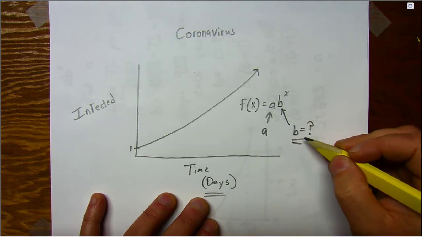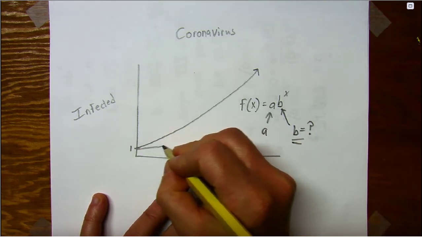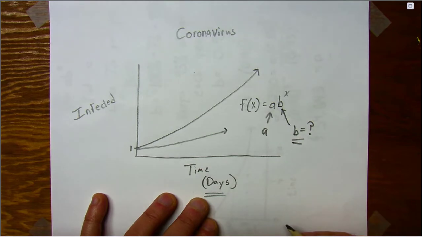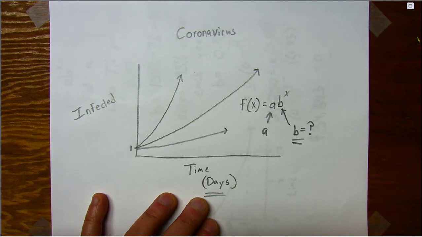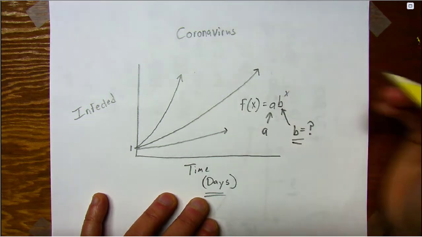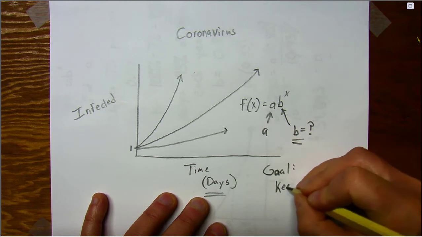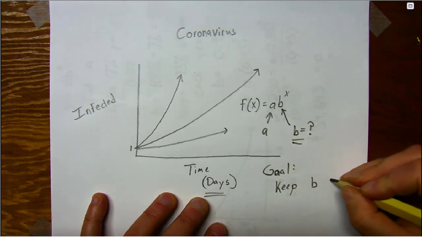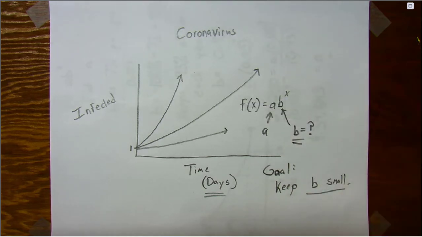And again, that's why we're all separated, because if we can make the growth rate go flatter, then this is a much easier situation to manage than if the base value is very high and it takes off exponentially very, very quickly. And so our goal in the next few weeks is to keep our base value small, to keep this curve from growing fast.